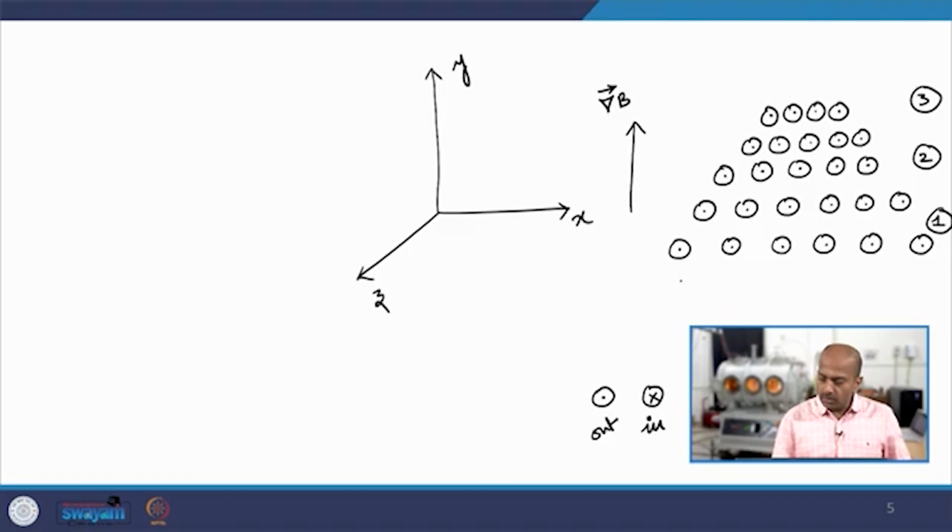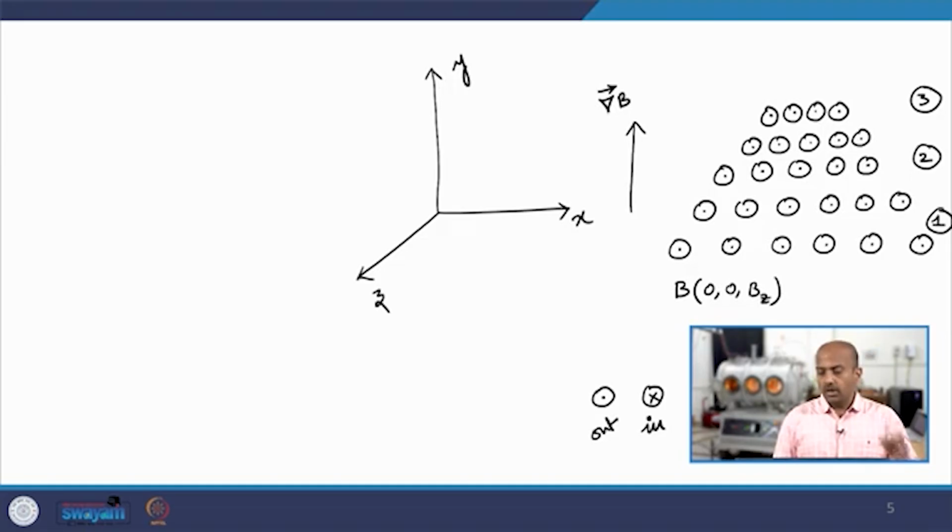And we will denote the magnetic field itself to be in the z direction. So, the magnetic field is in the z direction, its gradient is in the y direction. I hope it is very clear, right. So, we do not talk about electric field as yet.